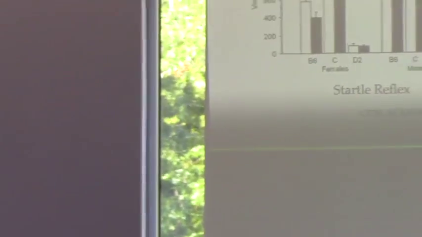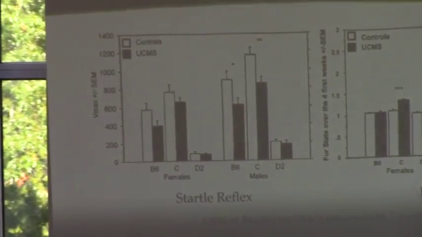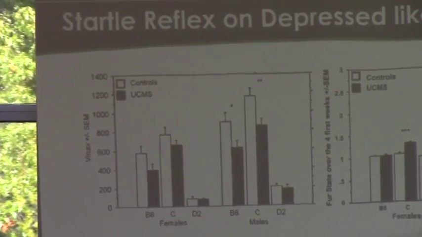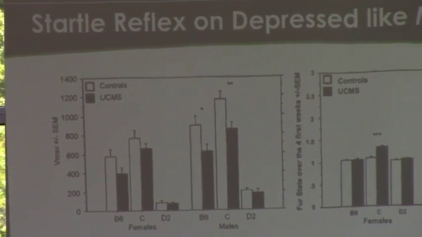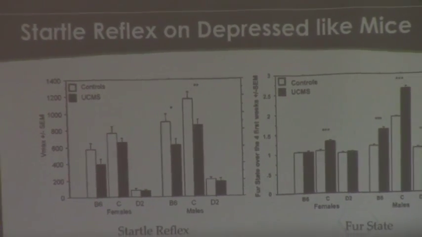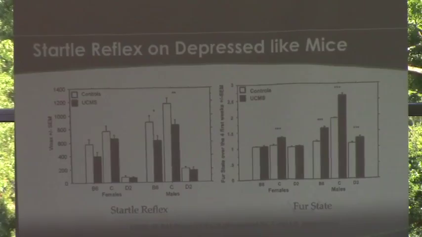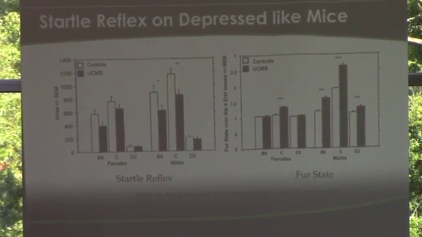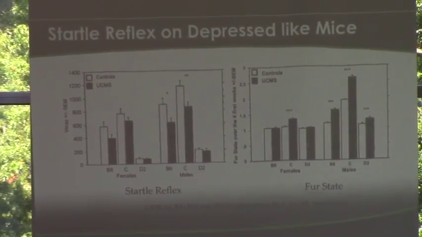So now I just want to show you the real result with a basic startle reflex with animal models, the UCMS, and you can see different diagrams. In fact, you have different strains, different species of mice.